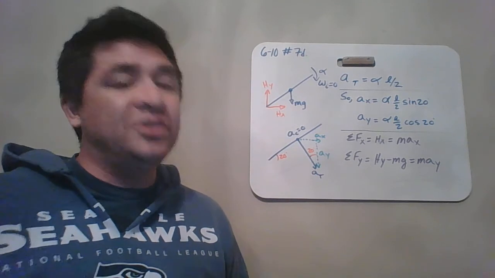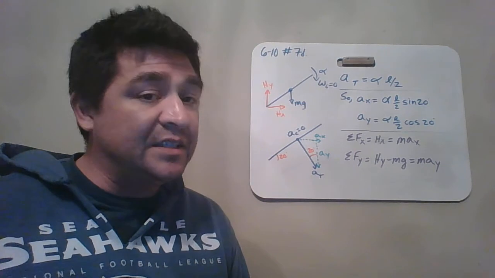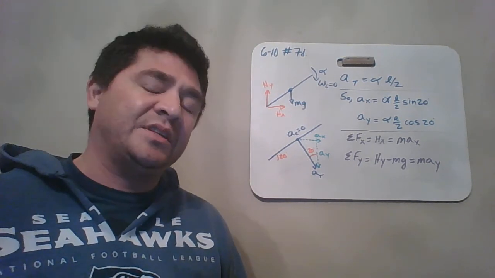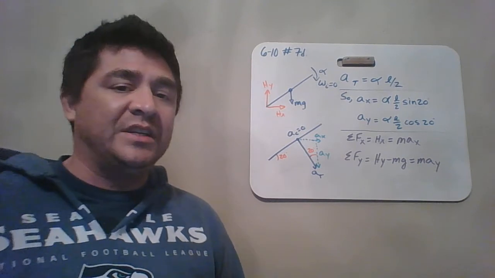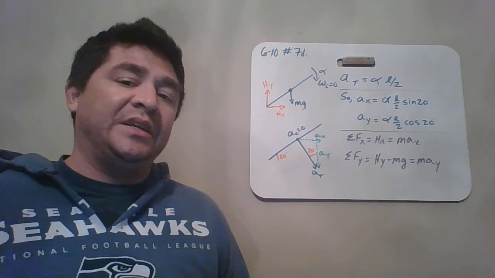But in the initial conditions, its angular velocity is zero and all the parts have no velocity, so it can't have a centripetal acceleration yet. Remember, centripetal acceleration is the rate at which it's turning. So if it's not moving yet, it can't be turning yet.